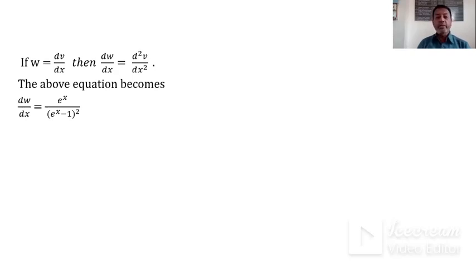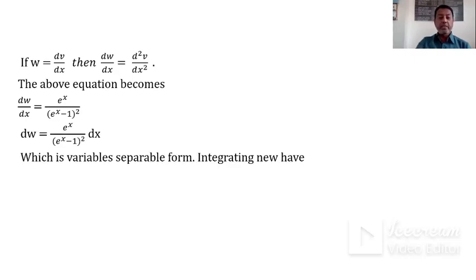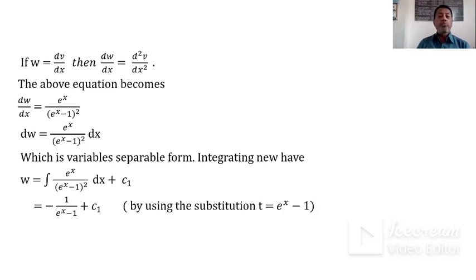Now to solve this, very simple, we first convert this into the variable separable form, taking dx to the right hand side and then integrating, we obtain w is equal to integration of e to the power x upon (e to the power x minus 1) whole square into dx plus c1.